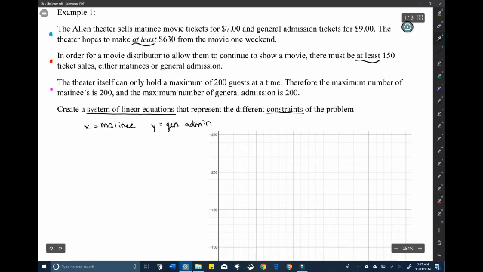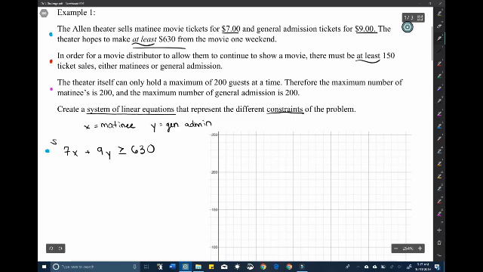With those things in mind, we can begin to create our first constraint here. I'll use colors to help you out. Movie tickets for $7, general admission for $9, at least $630. What that means is we have 7x plus 9y, and at least means greater than or equal to 630.